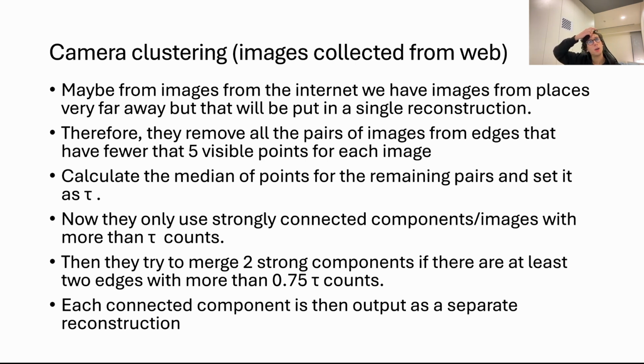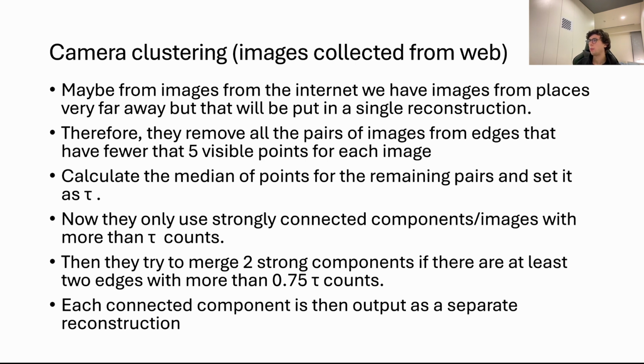Sometimes they also tackle images from the internet, and since they start from this cube of -1 to 1, like a point cloud in a cube, maybe some of these places are just separate, and so they don't have much in common. So they want to see if they have to cluster the cameras, and how do they do that.